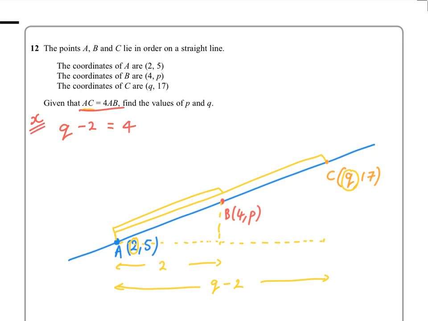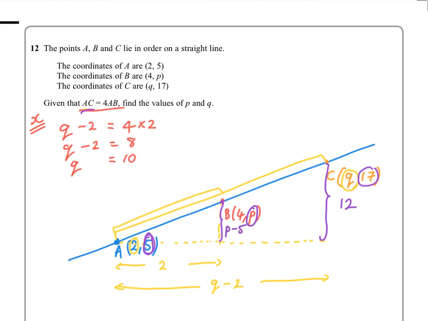So we've got 4 times 2, and that gives us q minus 2 equals 8, so q equals 10. Well, now we can look at the y values, and we can see that from A to C in terms of the y, we have 17 and 5, so 17 minus 5 is 12. But in terms of B to A, we have p minus the 5.